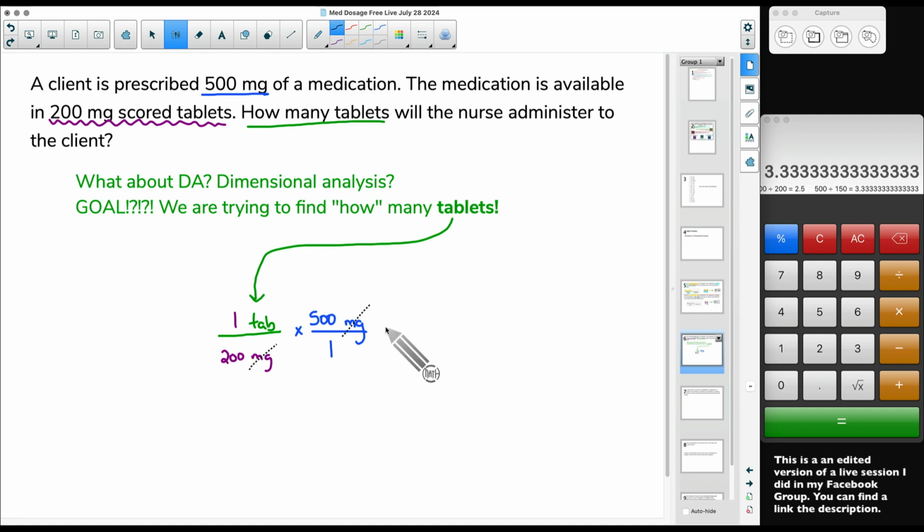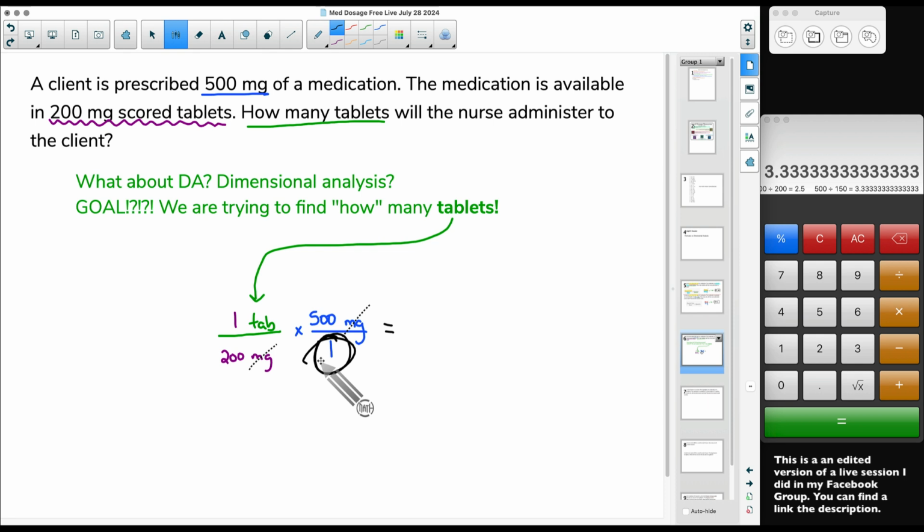But in all honesty, y'all, I want you to see how we're really just taking 500 divided by 200. But this is the fundamental building blocks of dimensional analysis. This one, I wouldn't refer to it as patient. The one, when I will tonight actually, I will use the number 1 to refer to the patient, and that is when I bring in a patient or a client's weight.